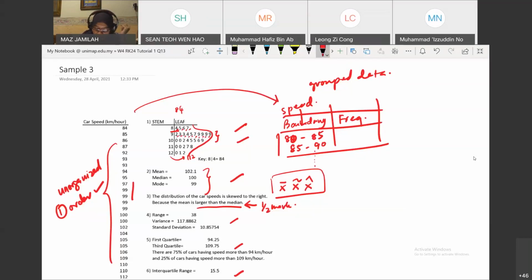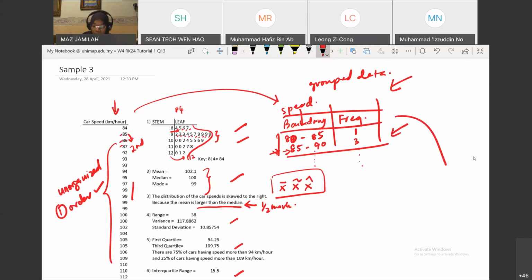Since we have 85 here, 85 will go into the second one. So we have only one here. What about 85 until 90? 1, 2, 3, only 3 here. Then you continue. So what happened, class? You have to imagine, from the transition of ungrouped data to grouped data, what you lose in terms of the originality of your data.